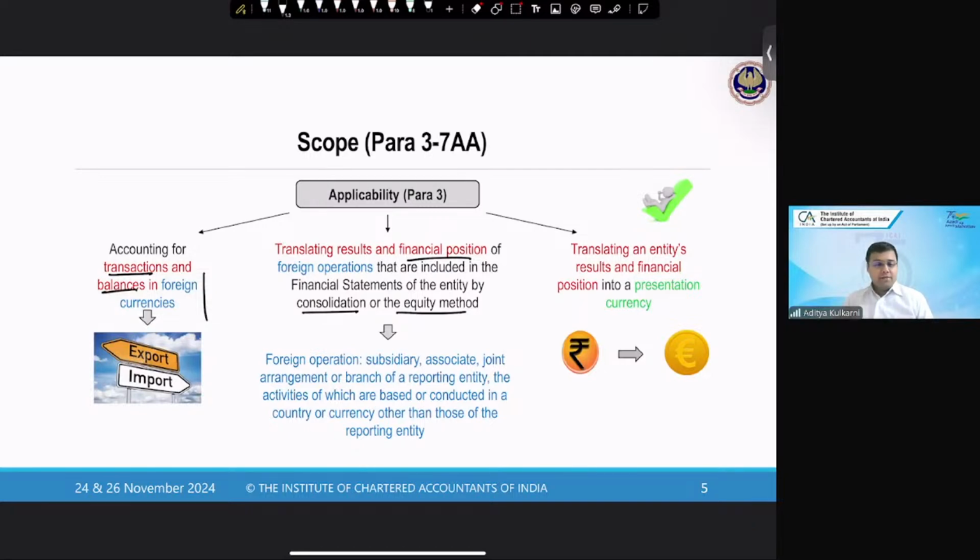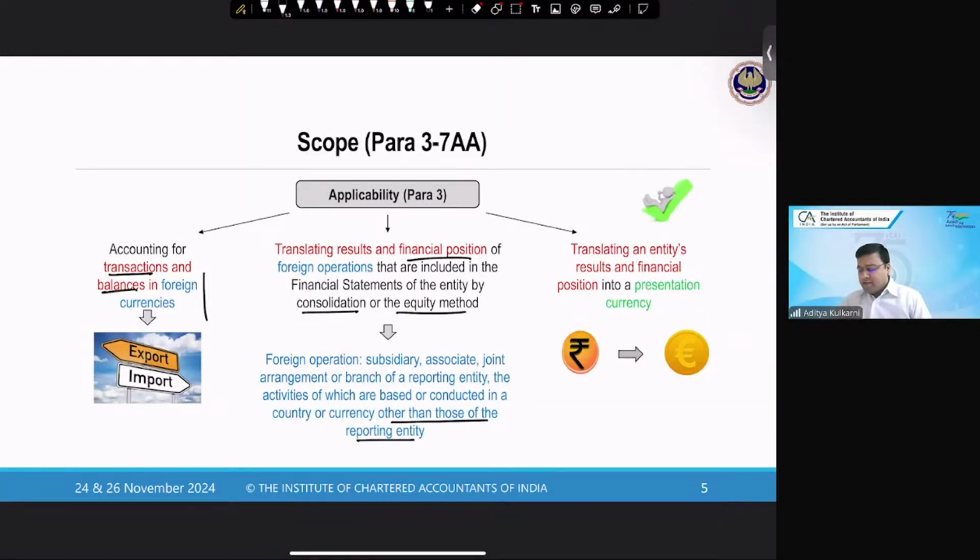It could be a subsidiary, an associate, a joint arrangement, or a branch, the activities of which are based or conducted in a country or currency other than those of the reporting entity. I hope you are familiar with these four terms and what they are.